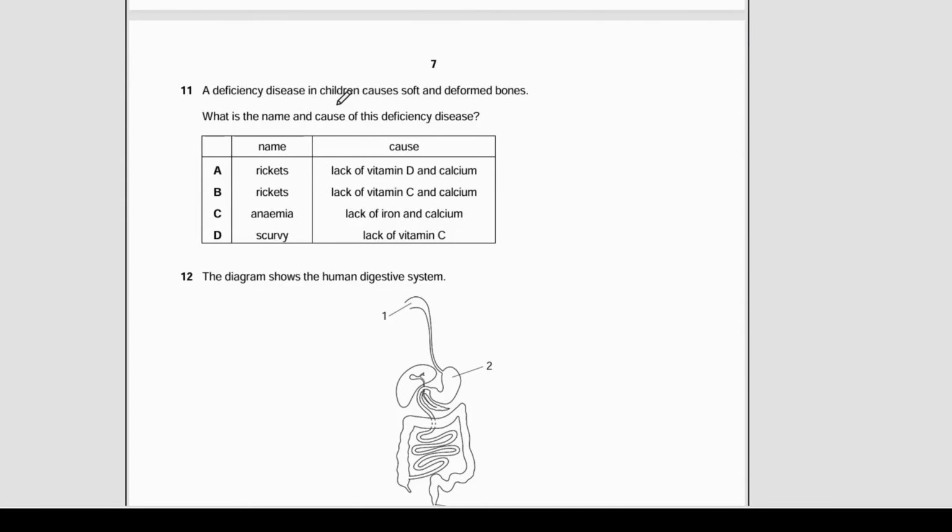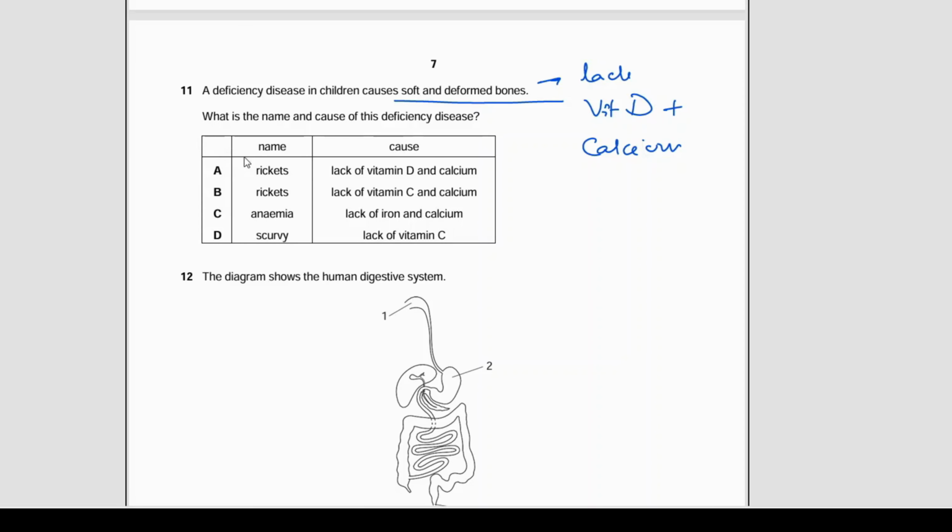A deficiency disease in children caused soft and deformed bones. Why? Because they lack vitamin D. Wait, vitamin D and what is the importance of calcium? Okay, why scurvy?